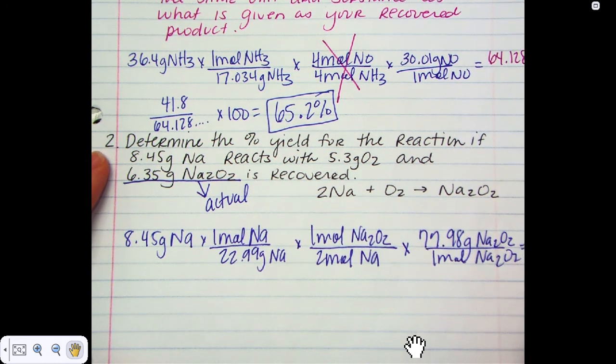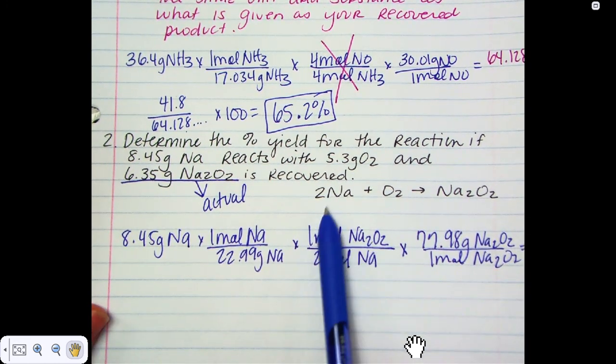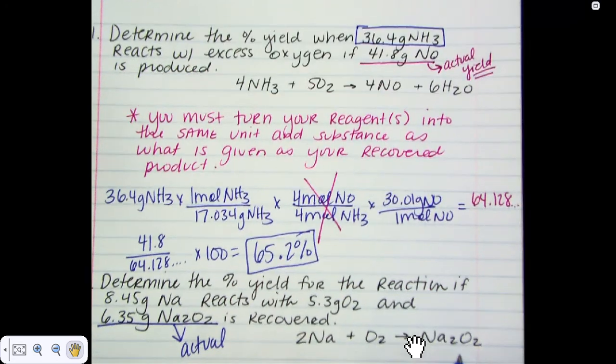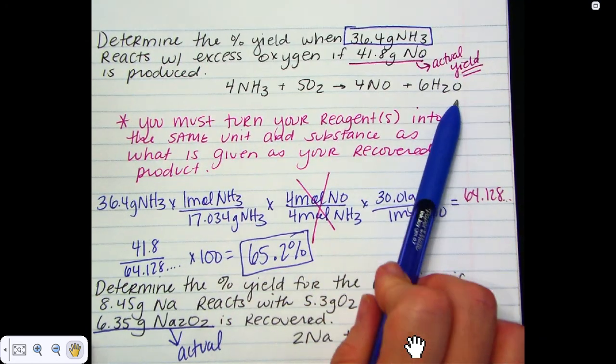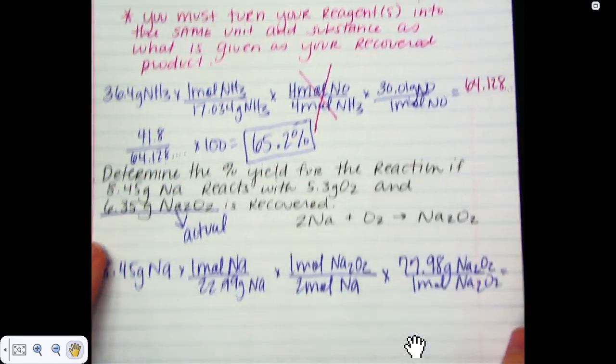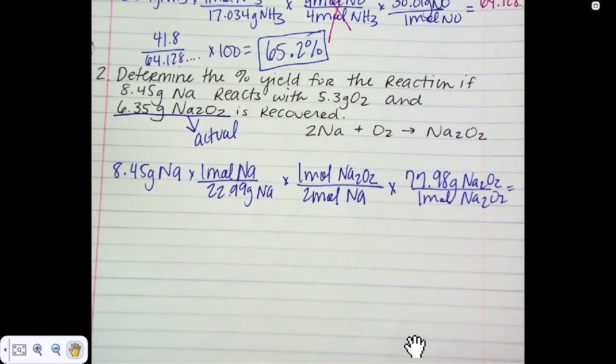And this is a good time to say, make sure the equations are balanced. I knew going in that these equations were balanced because coefficients were already there. Always make sure you double check. I'm not going to be that kind on a worksheet.